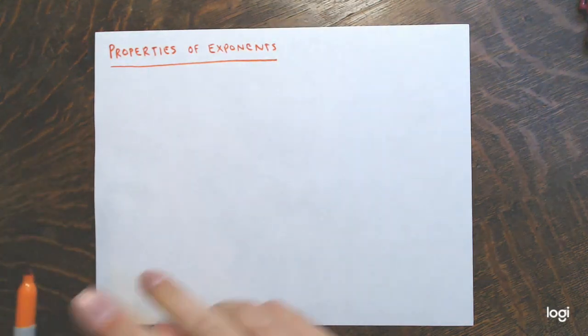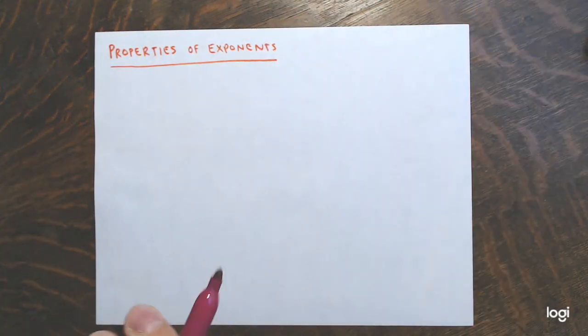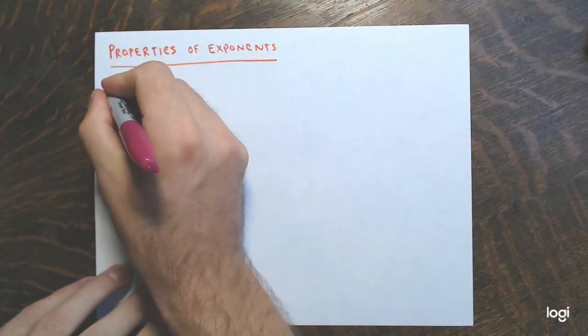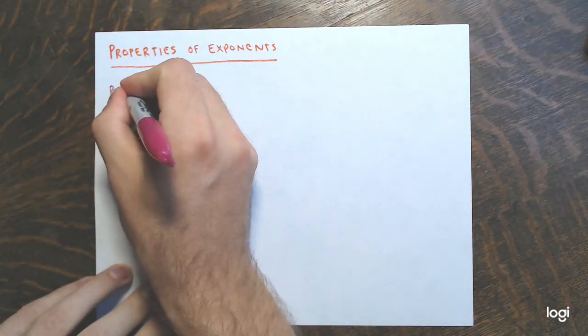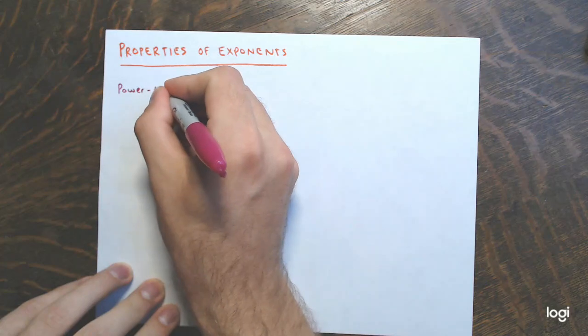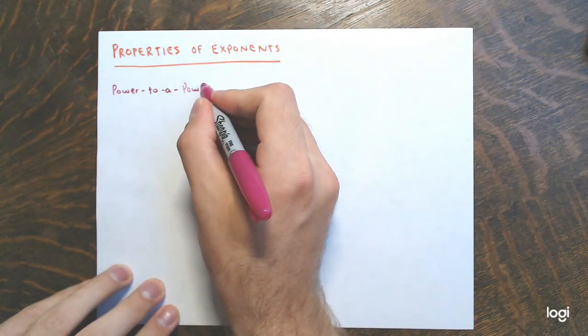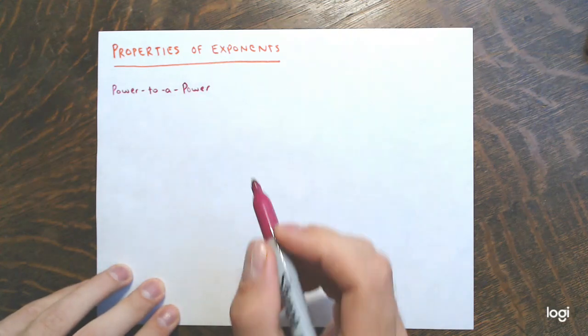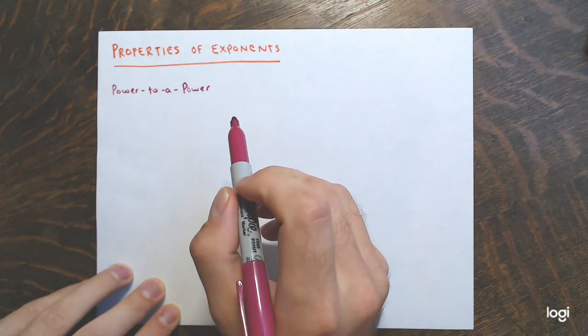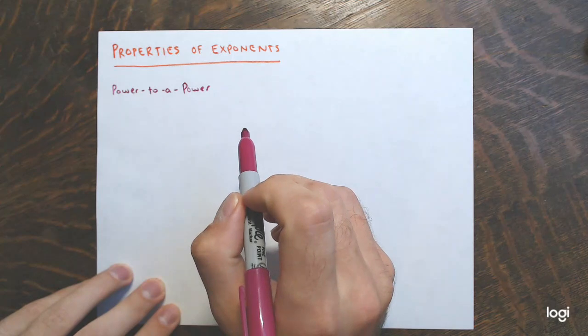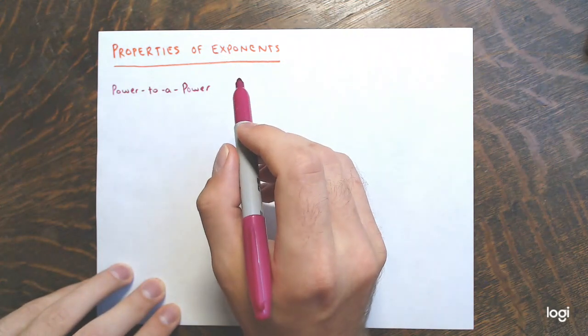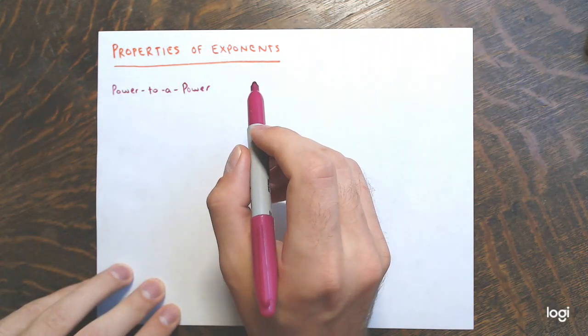Alright, so one of them that's going to be used a lot is the power to a power rule. I'll call it the power to a power property. And I even had this one up in my last video on evaluating expressions of the form a to the 1 over n, not just a to the m over n.